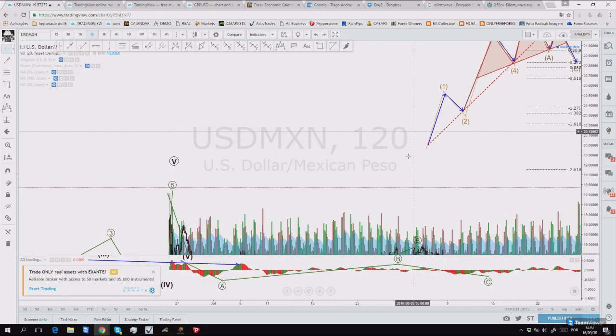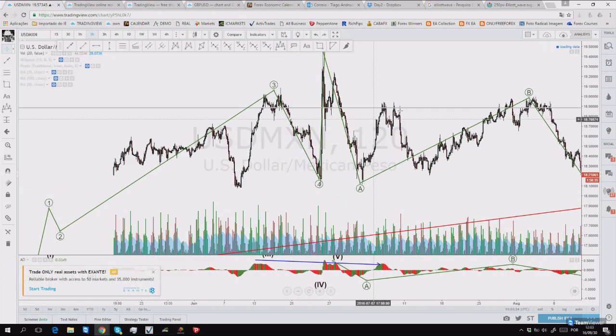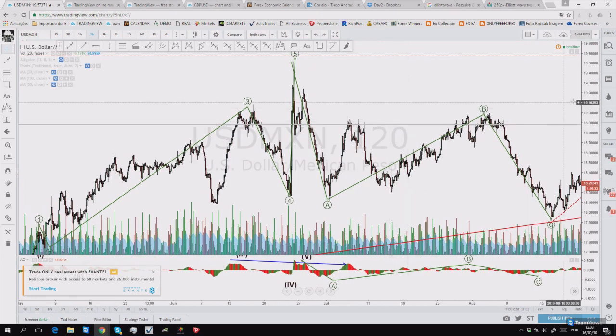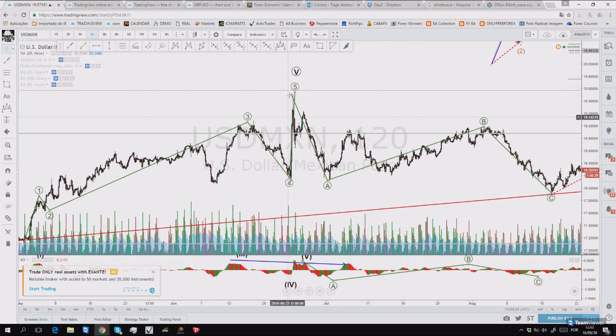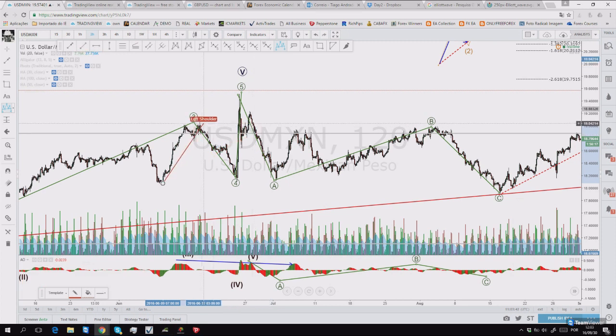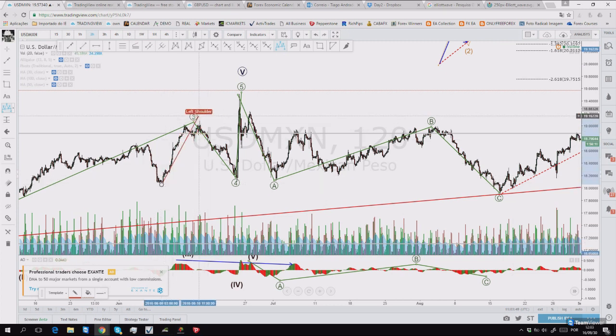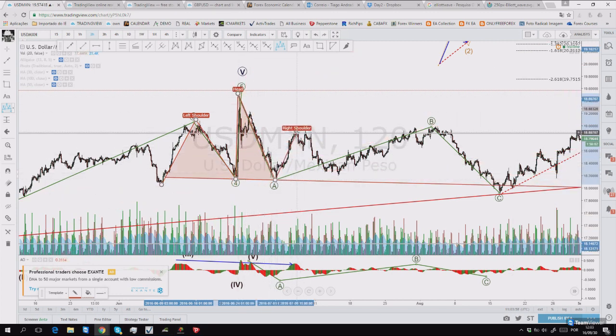Let's see on the chart. Let's see a head and shoulders. Well, you see here, you had a big one and it went nowhere. Here you had a big one. And it went nowhere.